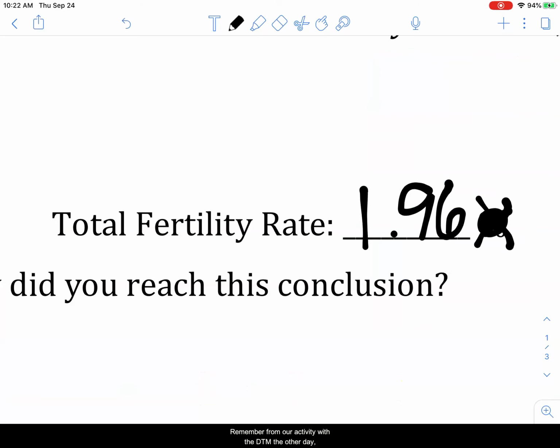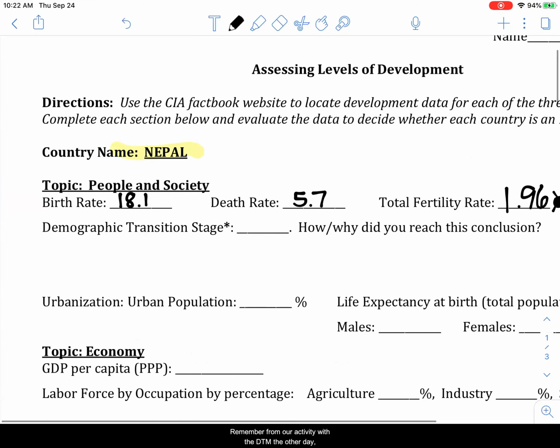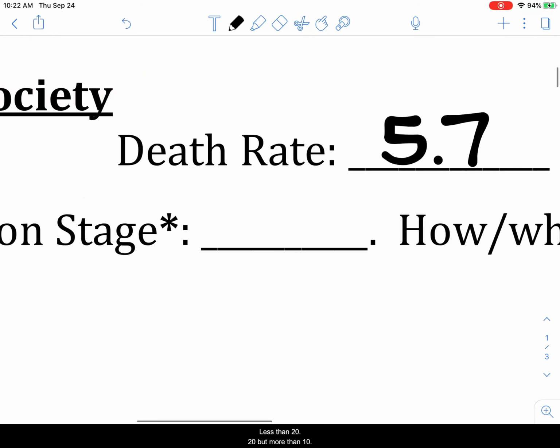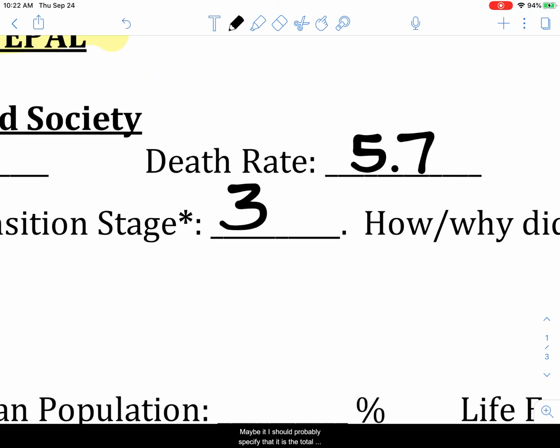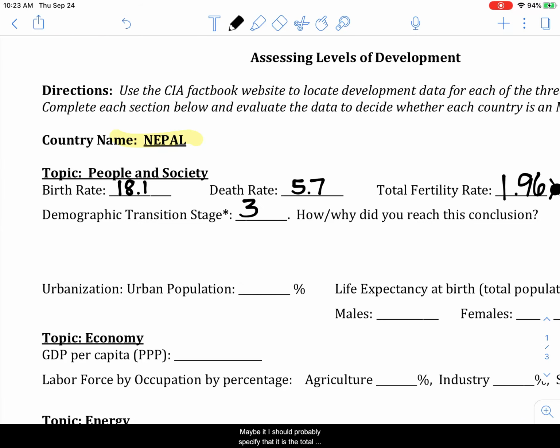Now we're asked, based on that, what demographic transition stage do we think, looking at their birth rate and death rate, that they're in? Now, if I take their birth rate of 18 and subtract their death rate of 5, we're looking at a difference of about 13. Remember from our activity with the DTM the other day, that was falling in about stage 3. If it was over 20, as I recall, then we were saying we're probably talking stage 2.